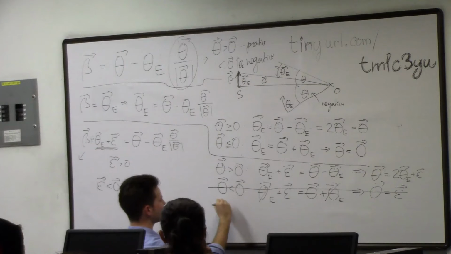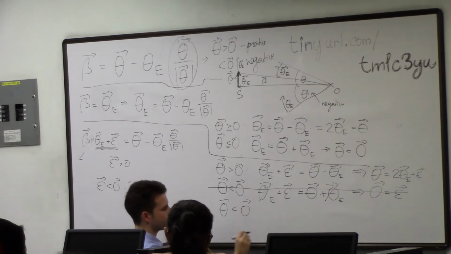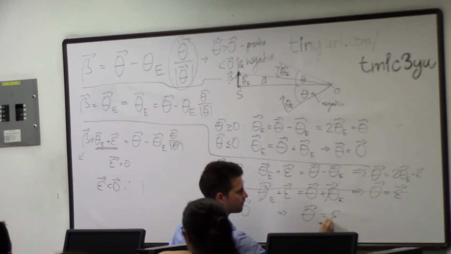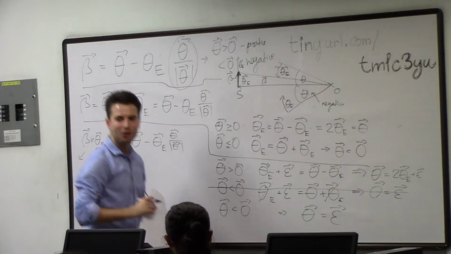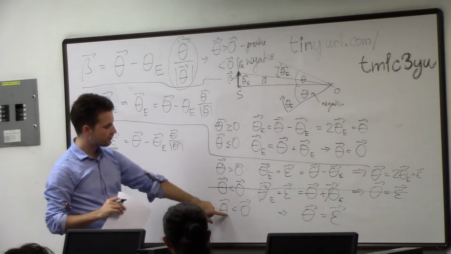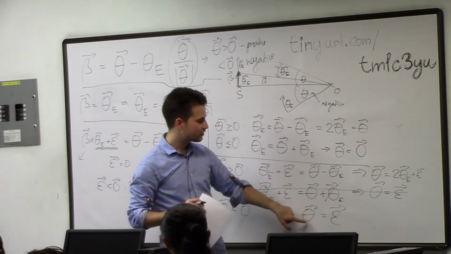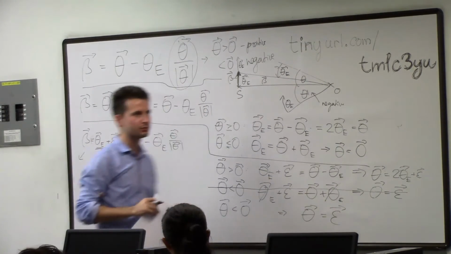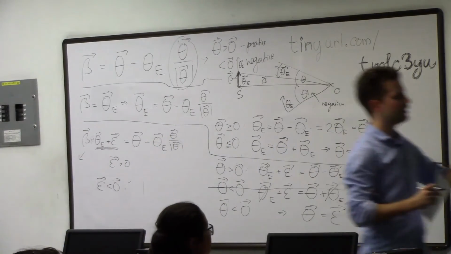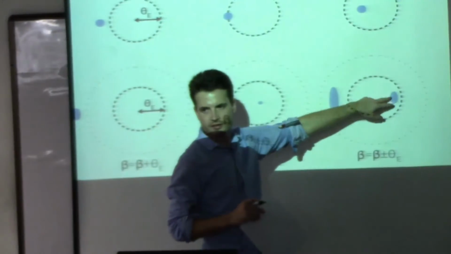But now this solution that I crossed out holds. We said epsilon is negative, and for a solution where we say that theta is negative, we actually get that theta is equal to some negative quantity, and that is this image over here.